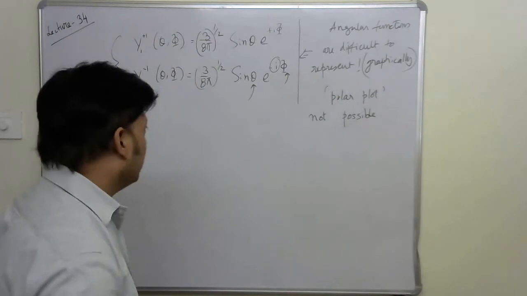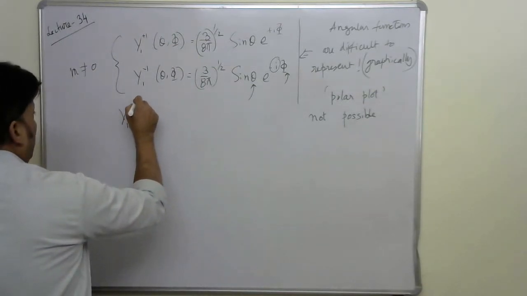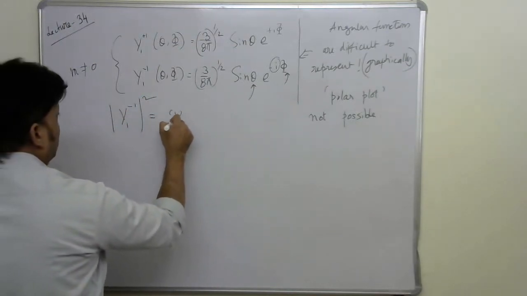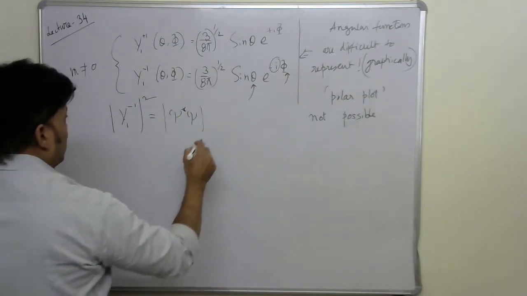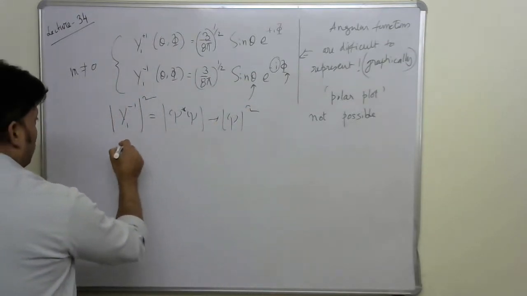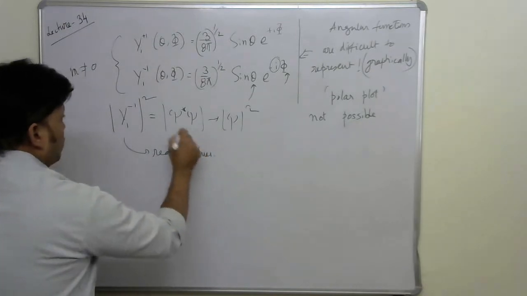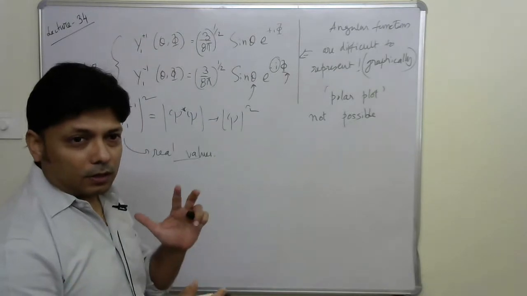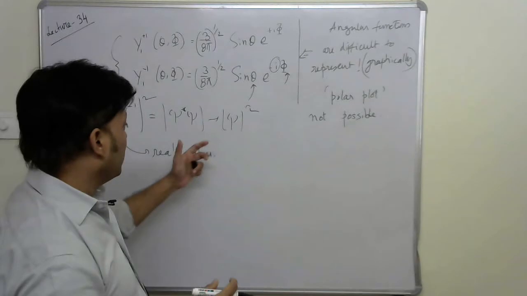But ironically, if someone wants to make the contour plot or the density plot, he has to take the value of this, which is nothing but the chi star chi plot. That chi star chi plot gives you real values, because even if chi is imaginary, multiplying it with its complex conjugate makes it real.